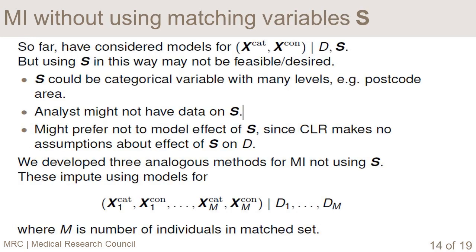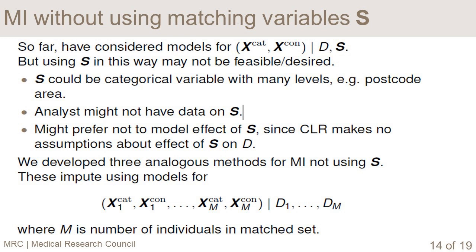So I presented three imputation methods, and all of them involve imputation models, which are models for the joint distribution of the covariates given the disease status and the matching variables. But sometimes conditioning on the matching variables in this way might not be feasible or might not be desired.